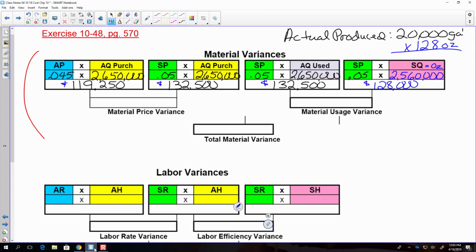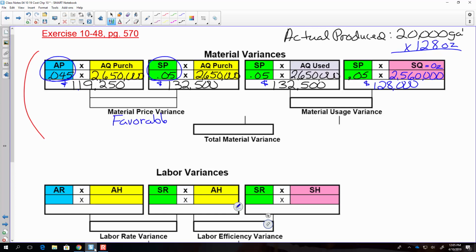It's favorable, right? And what two boxes do I look at? If I look at my actual price and my standard price, that tells me it's favorable. My actual price was lower than my standard price.